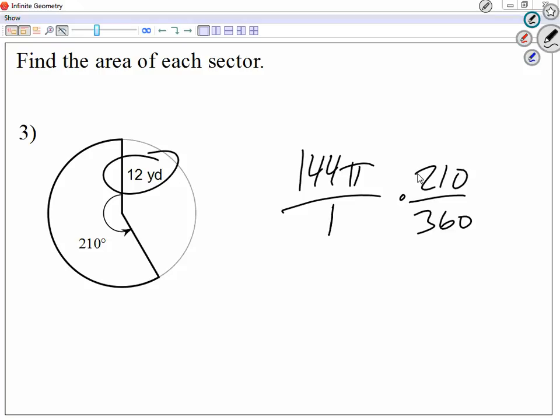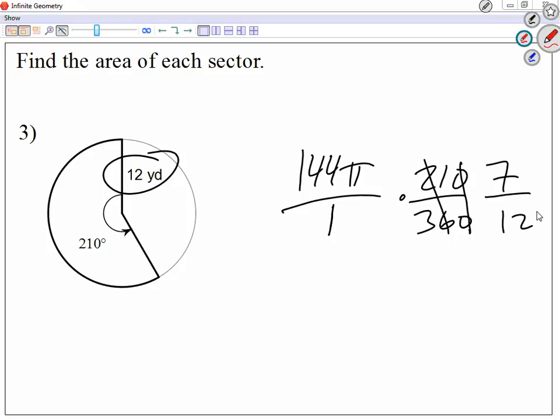Remember, it's always 360 at the bottom because the whole circle is 360. I can easily simplify the second fraction: dividing by 10 cancels out the zeros, then 21 over 36, I can divide by 3. So we get 7 over 12.